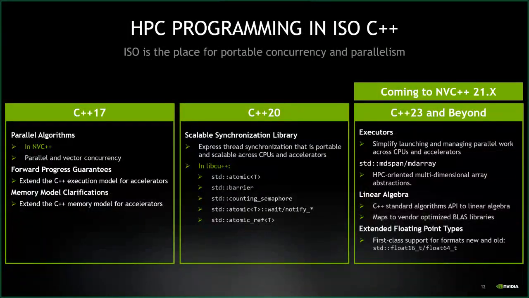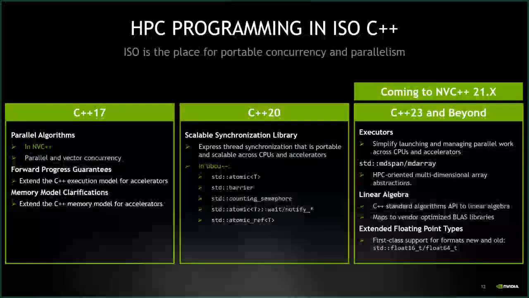I do want to note that C++17 had two other major advances with respect to parallel and accelerated computing, which aren't user-facing, but they're really important as they lay the groundwork for long-term development in this area, and that's forward progress guarantees and memory model clarifications, which extend the C++ execution and memory model respectively for accelerators. C++20 then came out with a scalable synchronization library that is available now in libcu++. That is a library in the HPC SDK.